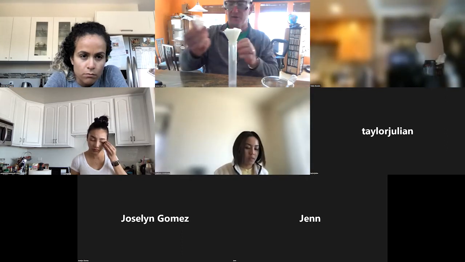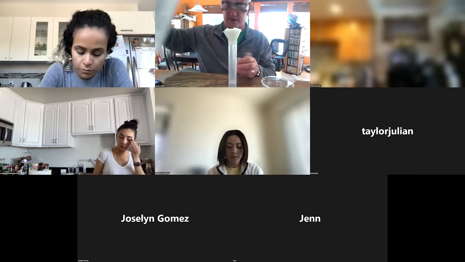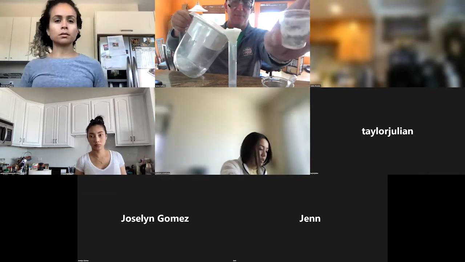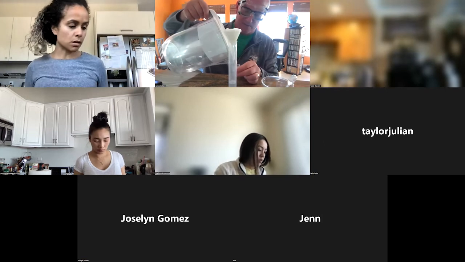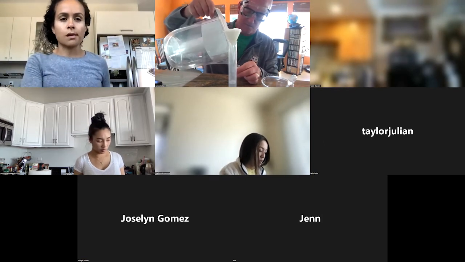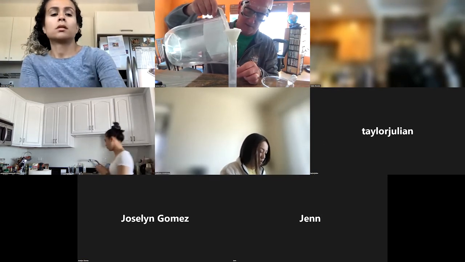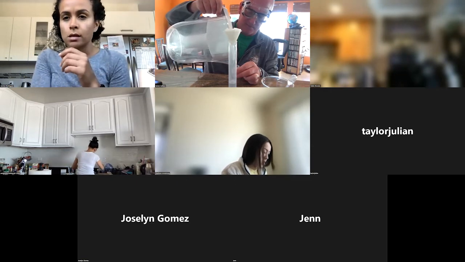And then rinse out your cup with a little more water because there's going to be a bunch of protein on there. Try and scrape as much of it off as you can.